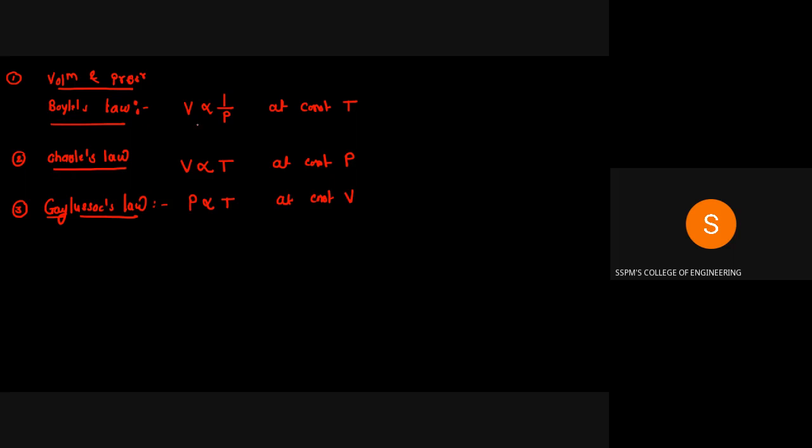So in Boyle's law, volume is inversely proportional to the pressure at constant temperature. In Charles' law, volume is proportional to the temperature at constant pressure. And in Gay-Lussac's law, pressure is directly proportional to the temperature at constant volume.